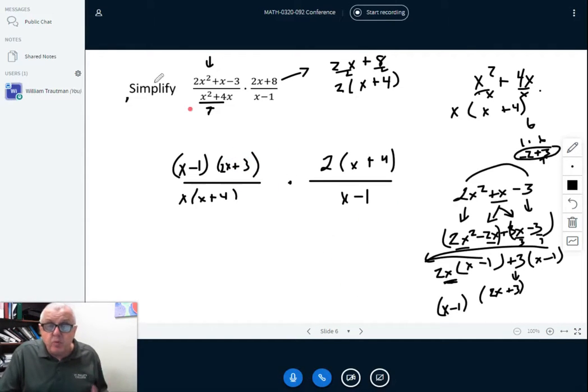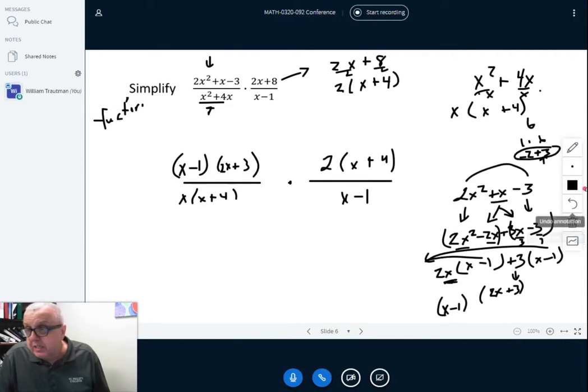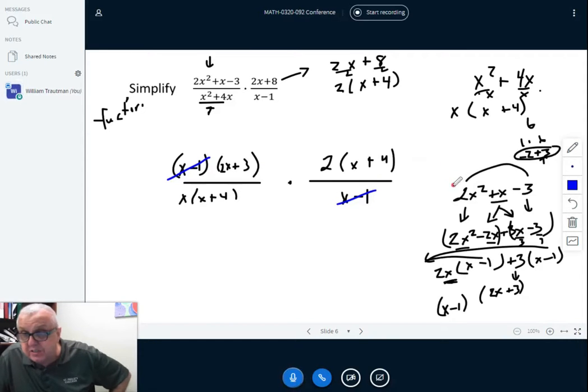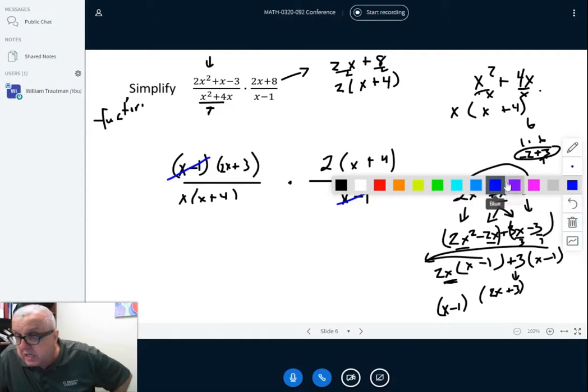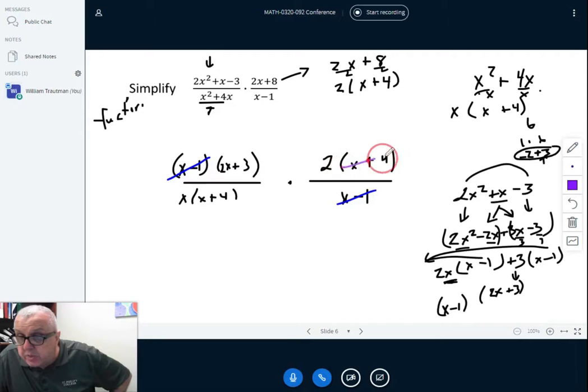Okay, so step 1 is done. Factor everything, the tops and bottoms of everything. Step 2 is going to be cancel anything out, any top or bottom. Do you see how x minus 1 and x minus 1 cancel? I also have on top an x plus 4, and on bottom I have an x plus 4.